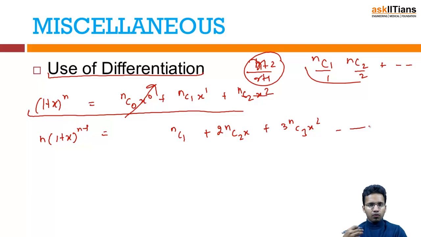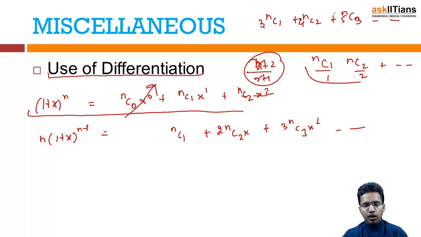In many questions, you will observe that along with binomial coefficients there are some numbers written, maybe 3, 4, plus 5 nC maybe 3, and it goes on like this. These numbers tell us that the power of x must be 3 here, and then we would have differentiated and put x as 1.